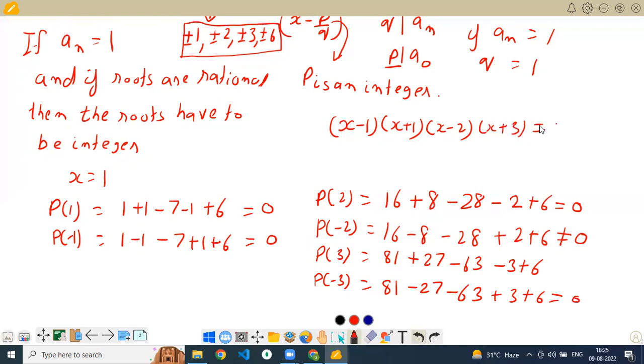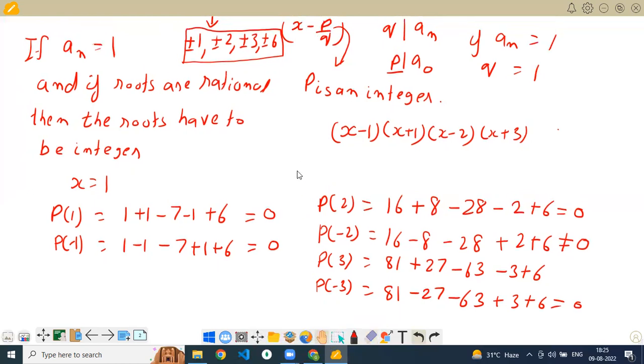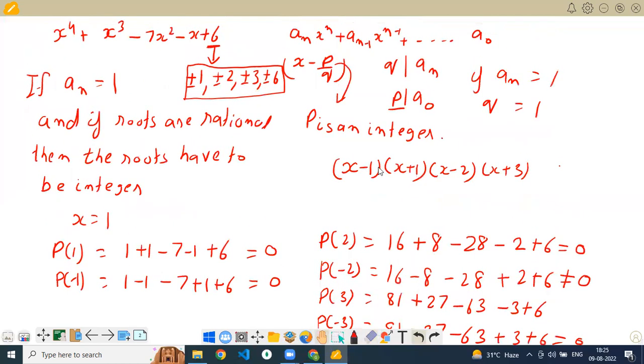Okay. So now we are able to factorize this equation. We know that this is an equation of highest power 4. That means it will have 4 roots, and we are able to find out 4 roots.